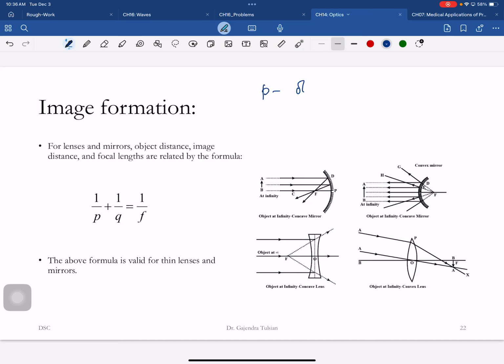P is object distance. Q is image distance. This formula relates object distance, image distance, and the focal length of the lens or the mirror. It's an inverse relationship. The formula is valid for thin lenses and mirrors.